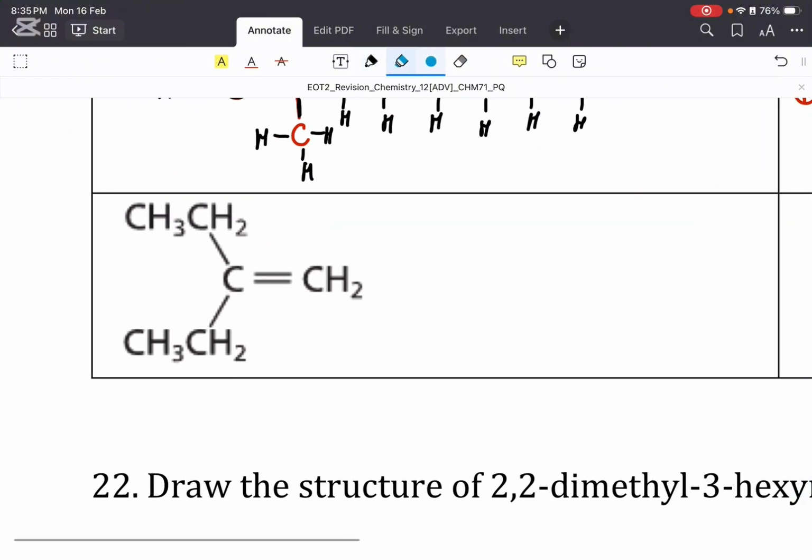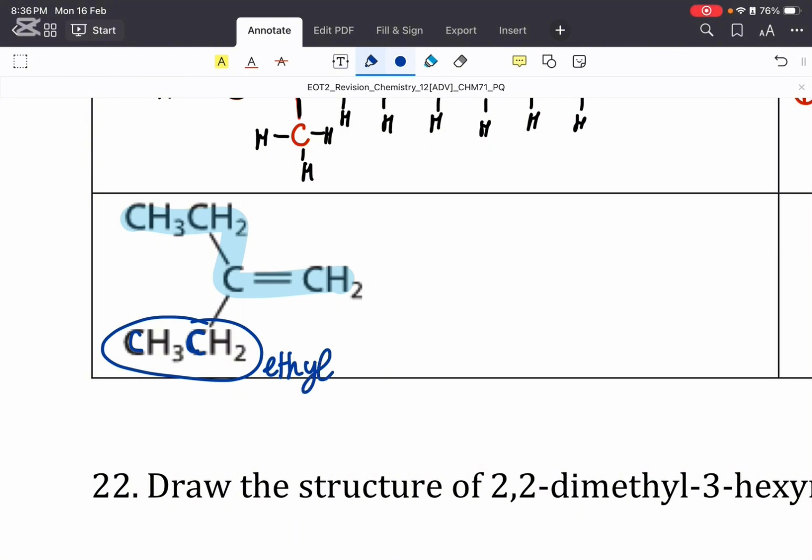Next, what is the main chain? It's definitely not this one. You have to start from one side and slide till the end, like this or like that. It doesn't matter. So, I have this and I have a branch. This time, the branch is made up of 2 carbons. It means it's not meth, it's an ethyl.